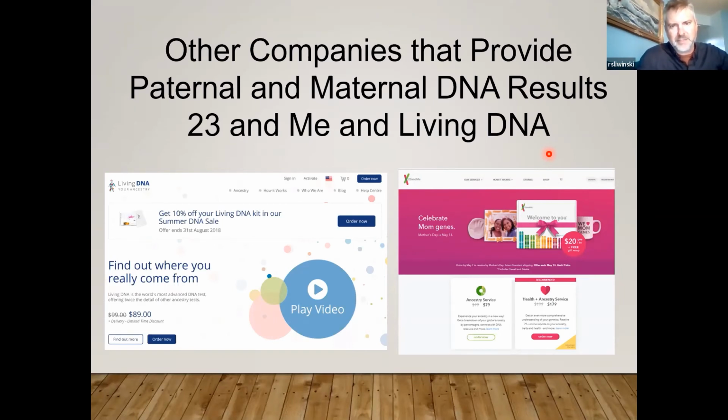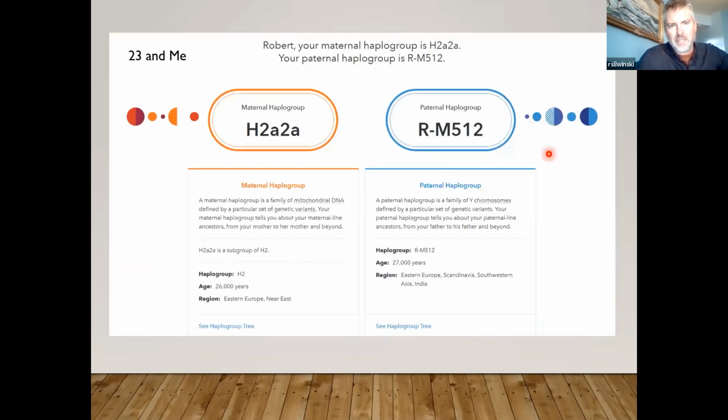There is some raw data you can take, but it is much more difficult to access and manipulate, or use to compare to other people. 23andMe provided me with my maternal group and my paternal group, and gave some indication about origins: about 26,000 years ago for H2A2A, and my R group about 27,000 years ago, found in Eastern Europe, Scandinavia, Southwestern Asia and India.